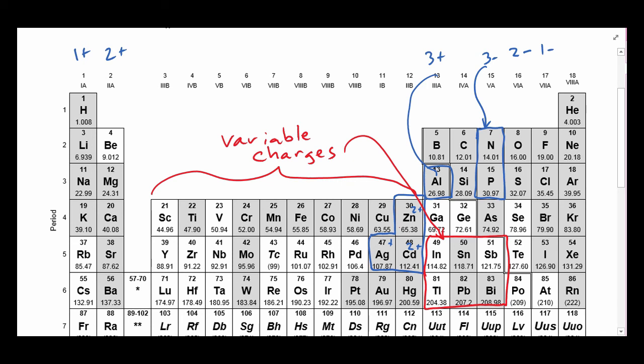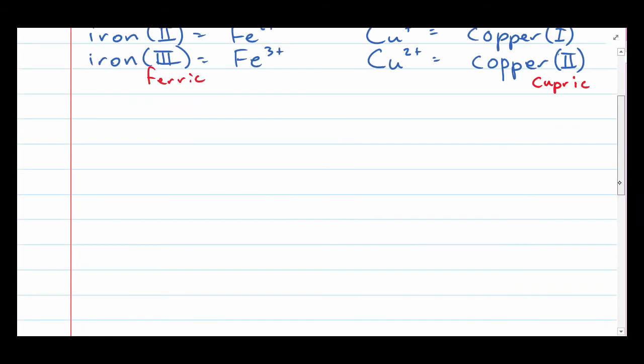So when we see these ions, any of them here that I've labeled in red, we see any of them written in compounds, they must include a Roman numeral in their name to indicate that their charges are variable and to indicate which charge we're talking about.